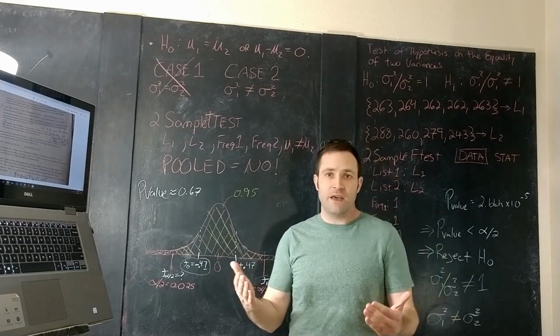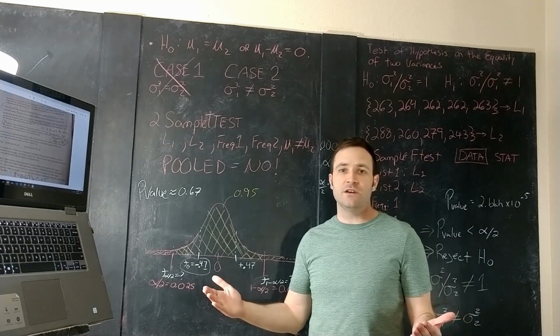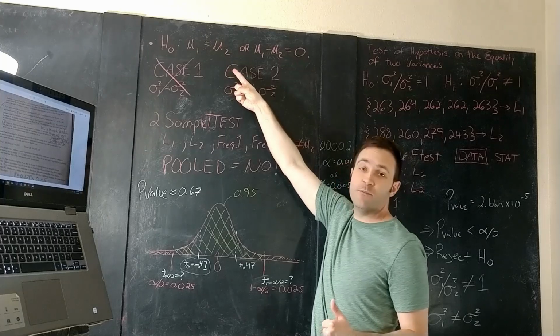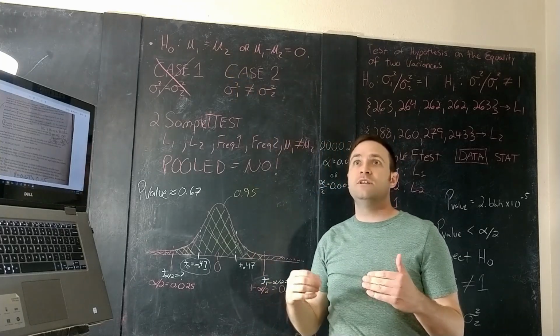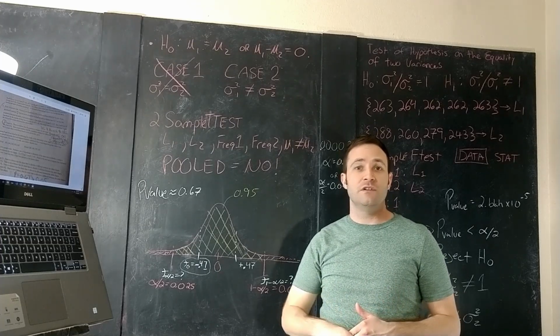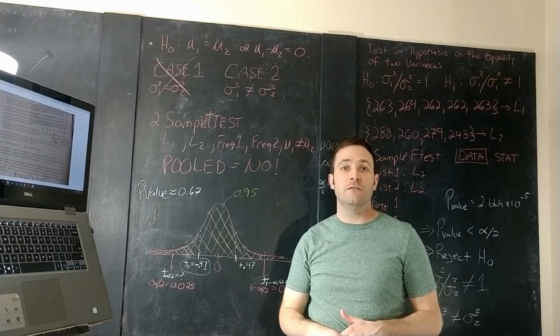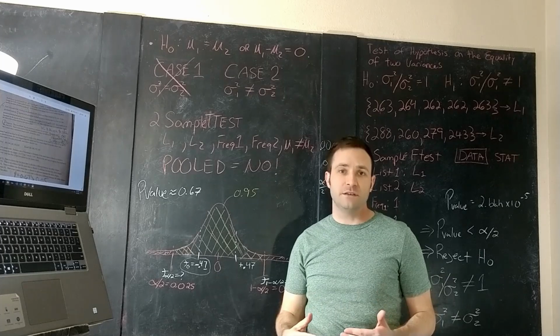And so simply from that data right there, we can conclude that we are going to fail to reject our null hypothesis, that the difference between the means of our two populations is likely 0, and thus that the means of our two populations are likely equal.